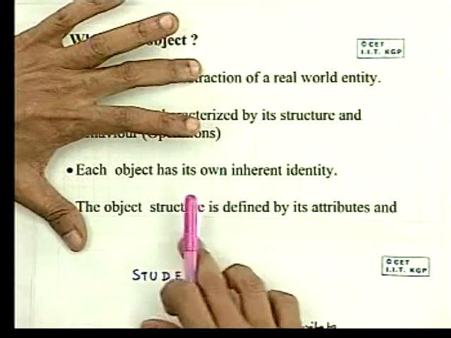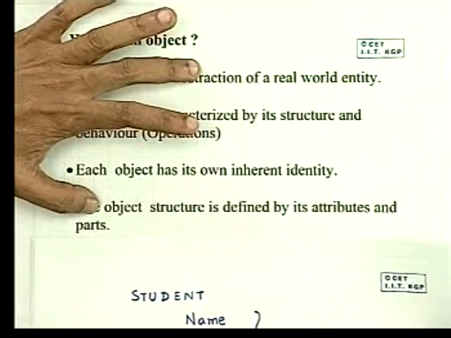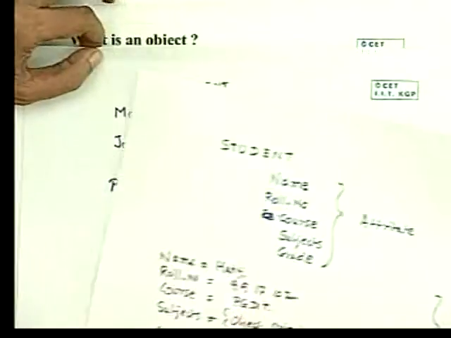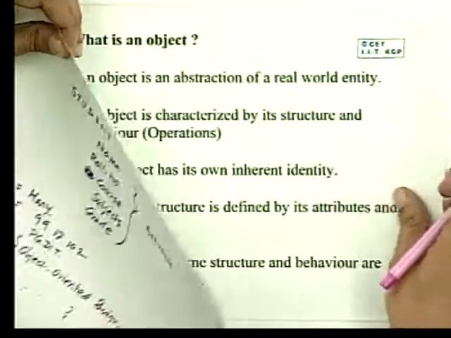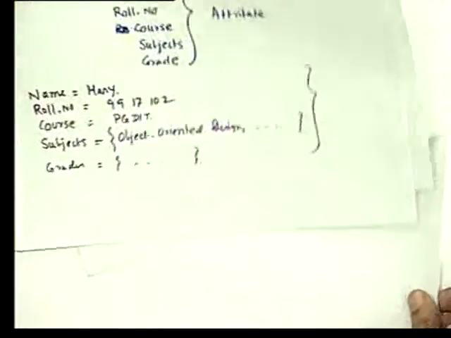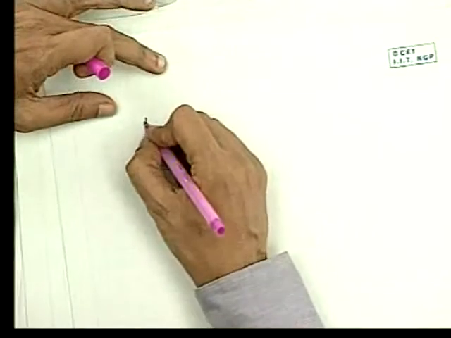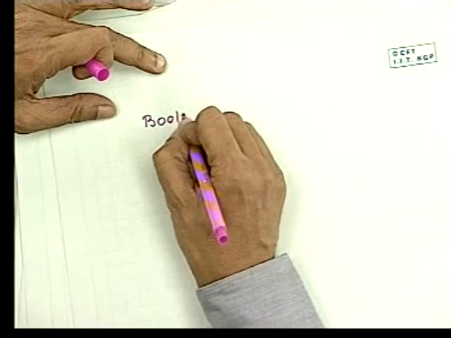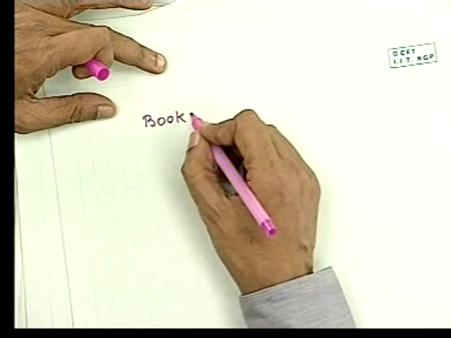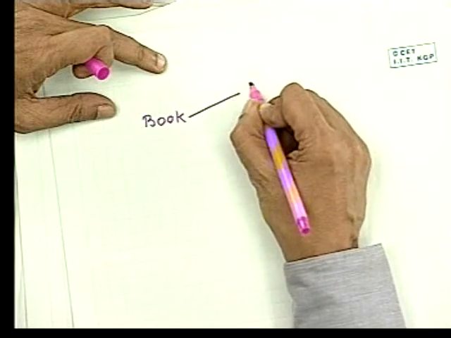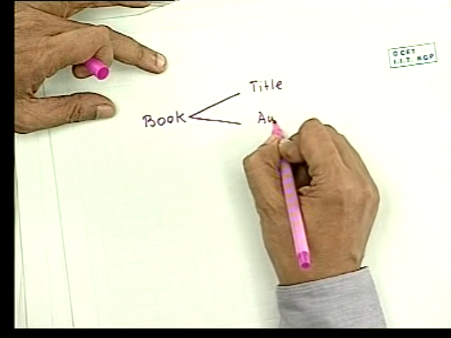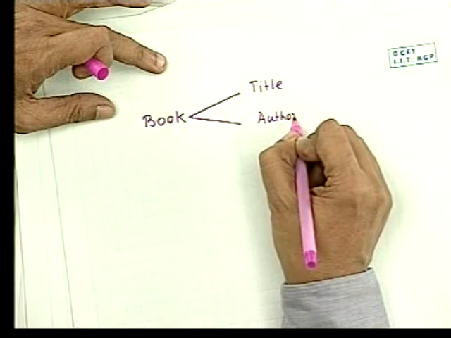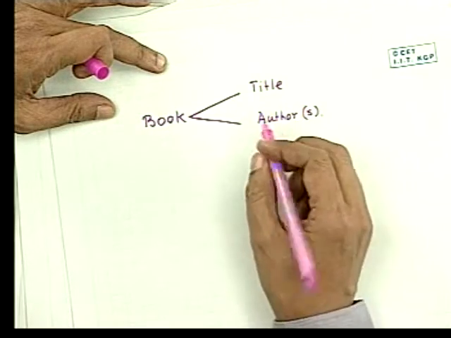And the object structure is defined by its attributes and the parts. In the case of a student, we have seen that these are the attributes of the student. In the case of a book, what will be the attributes of the book? If you look at the book, we can think of the title of the book, authors, which can be a single author or multiple authors.